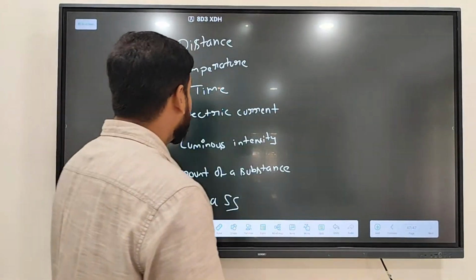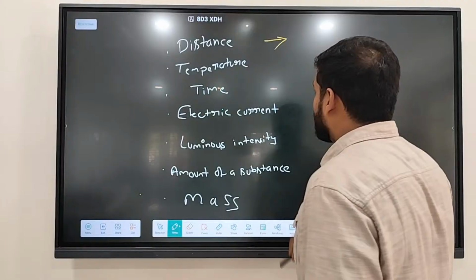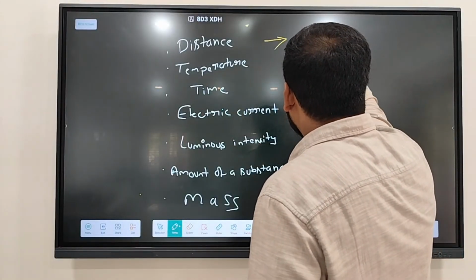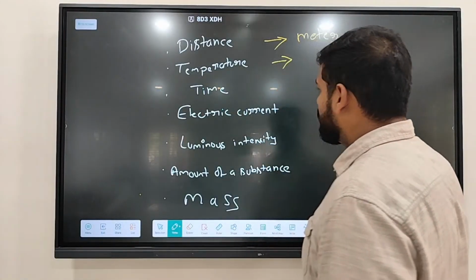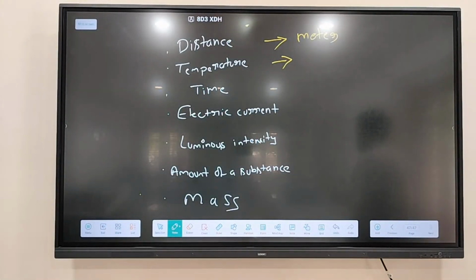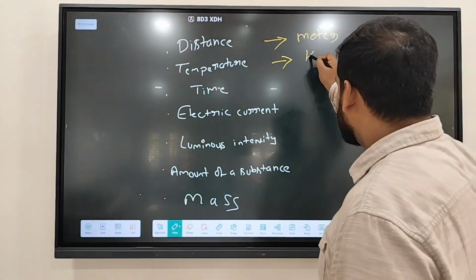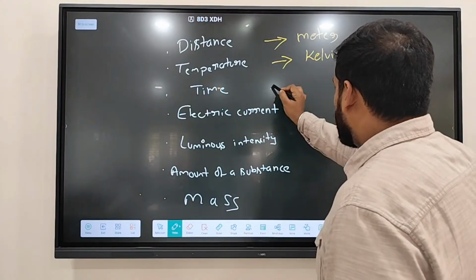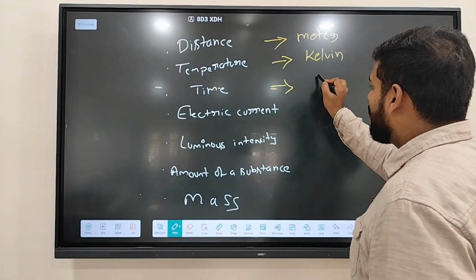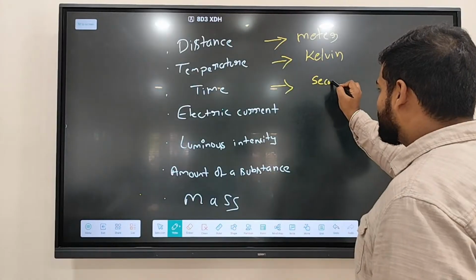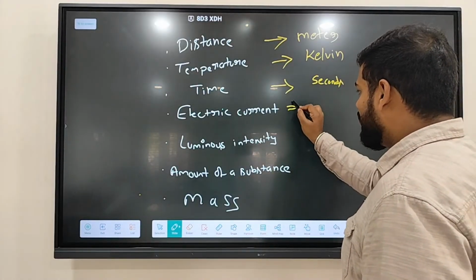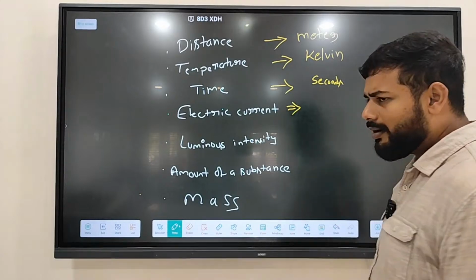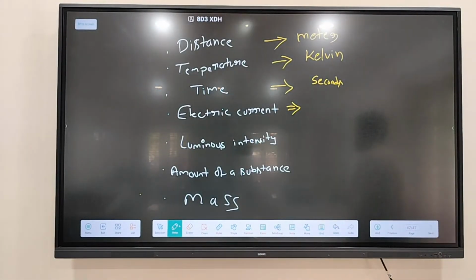Take a guess. What is the SI unit of distance? Very good, meter. SI unit of temperature. In India, we use degree Celsius, but the SI unit of temperature is Kelvin. SI unit of time, seconds. SI unit of electric current. Electric current is measured in ampere.